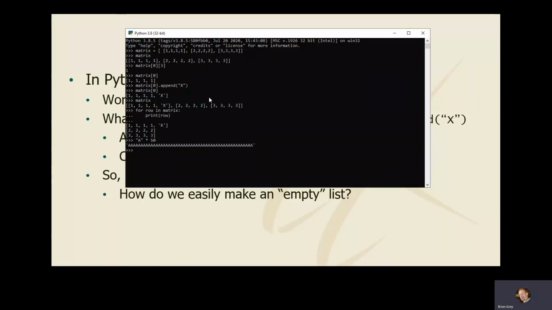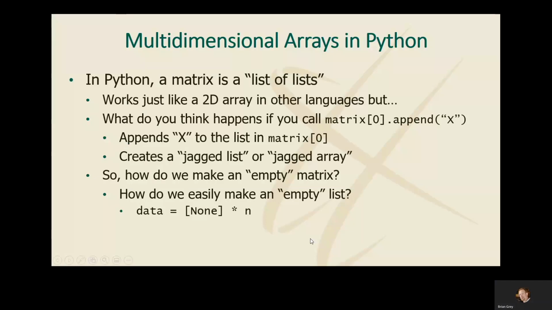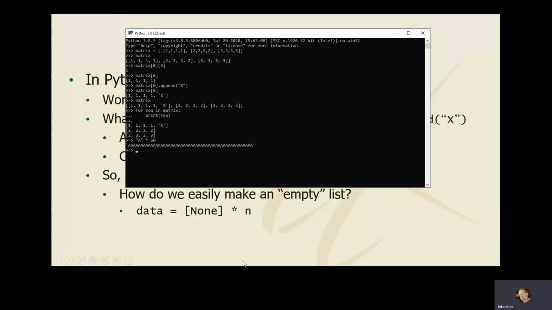So if we said this, we can say, hey, look, we now have a list of size 5 with None in it.